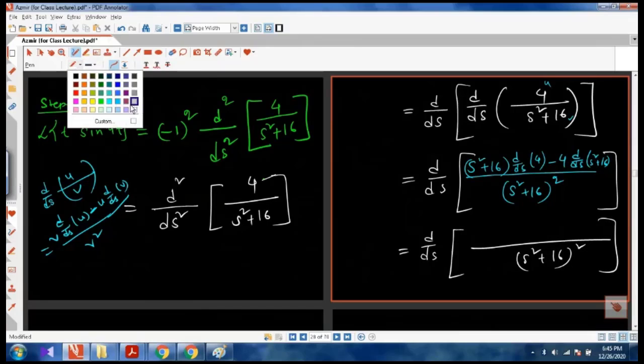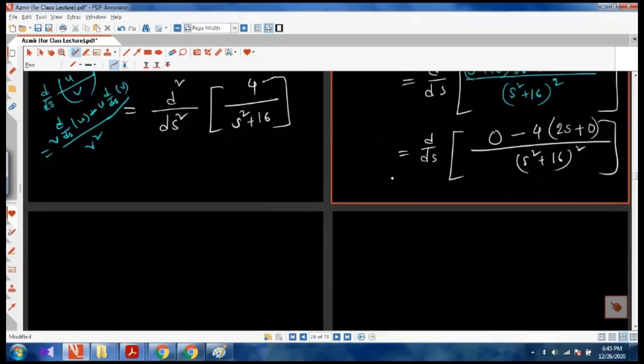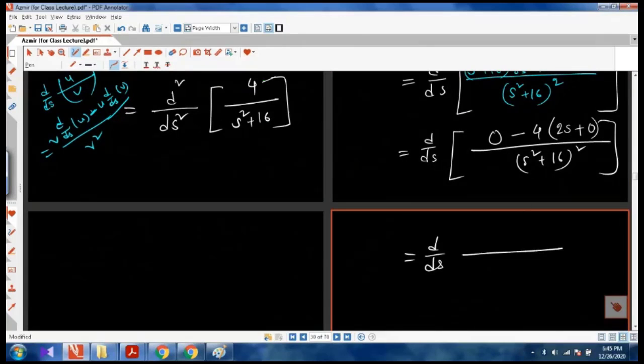So s squared plus 16 whole squared in the denominator. You can see the derivative of constant 4 is 0. 0 times something is 0. Negative 4, derivative of s squared is 2s. Derivative of 16 is 0. So that means d/ds of minus 8s over s squared plus 16 whole squared.